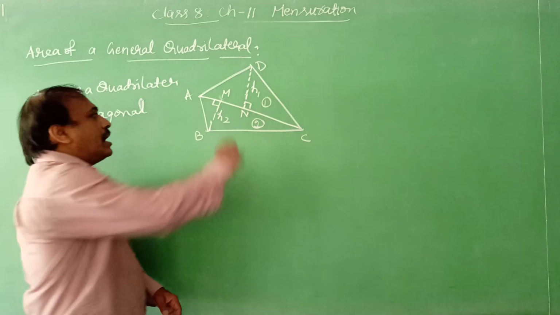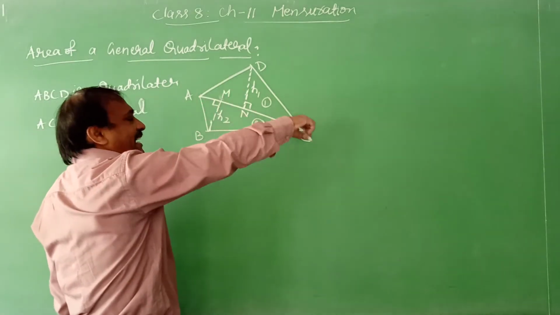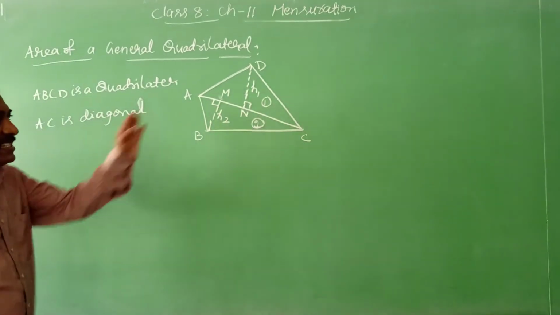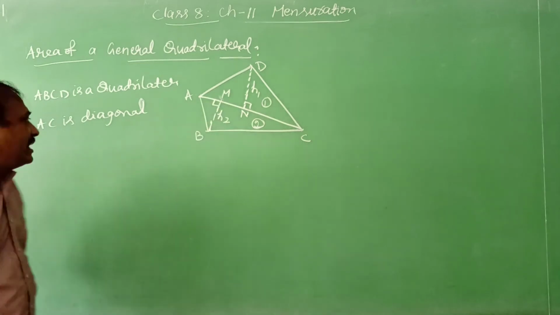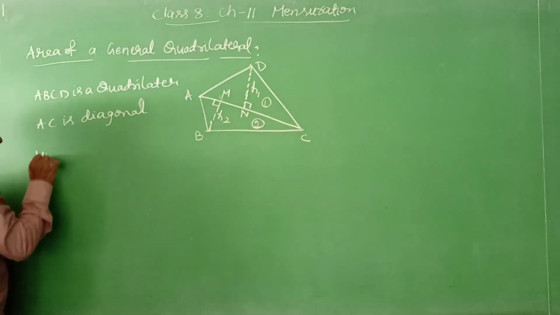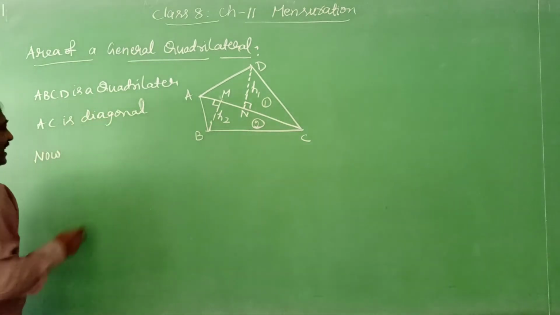Now the diagonal AC is common to both triangles.